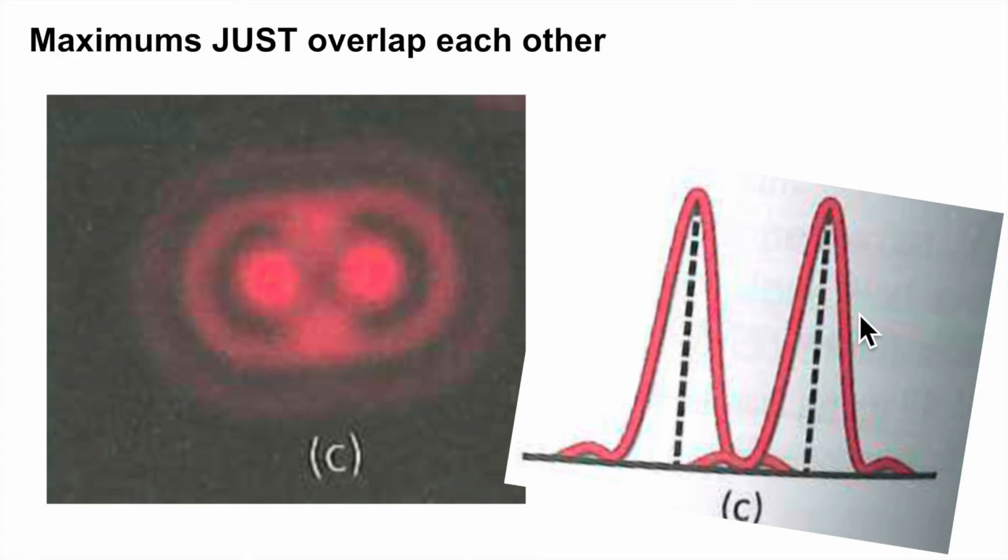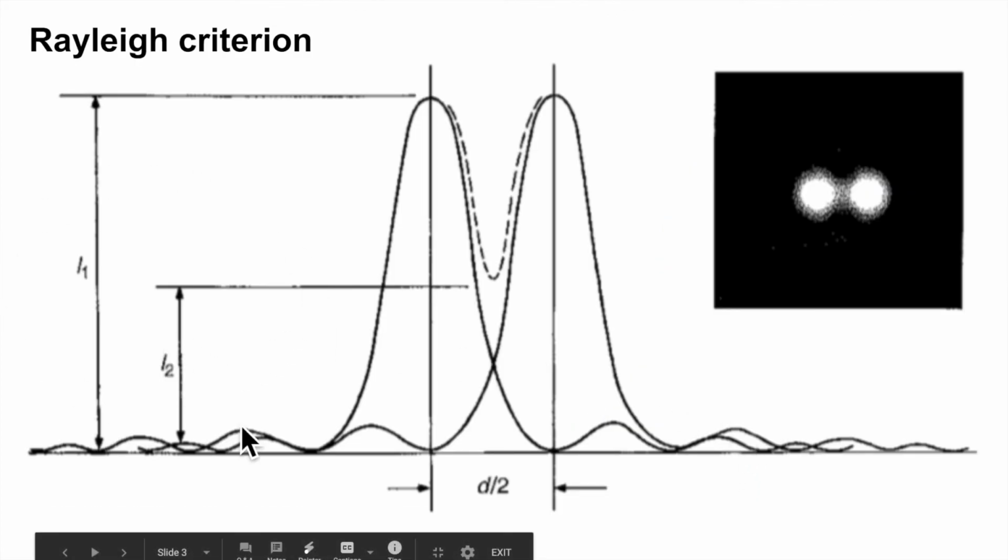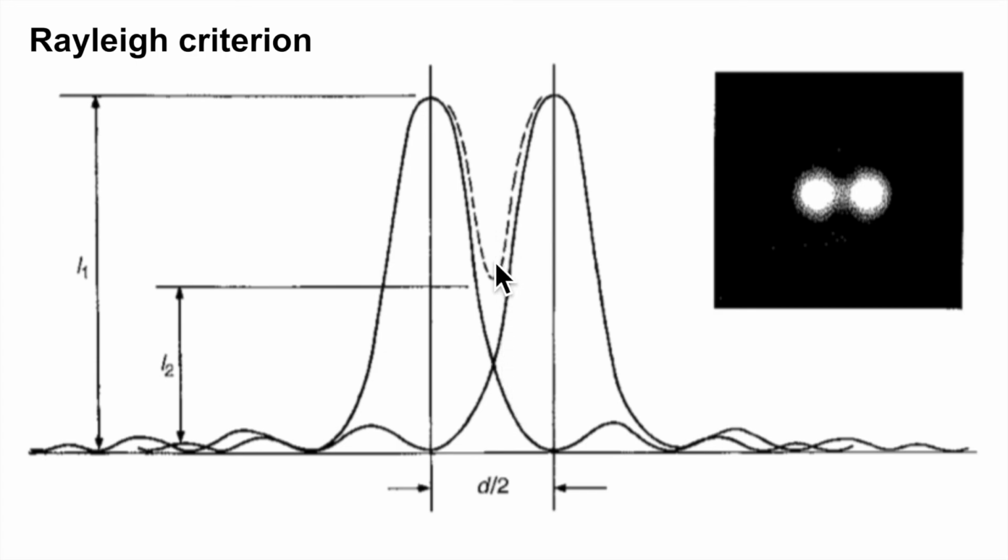So this is a potentially overly engineered system where we don't necessarily need that fully minimized intensity. And so we could go to the Rayleigh criterion, where we don't have minimum intensity, but we're still able to discern the drop, the minimum as opposed to the maximum of each spot.